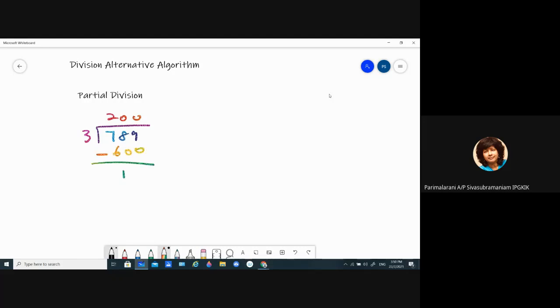So we have a balance of 189. Now how many 3s are in 189? We have 60. So 180 minus this, we have 9. So this is 3. 3 times 3 is 9. We have 0. So answer is 263.